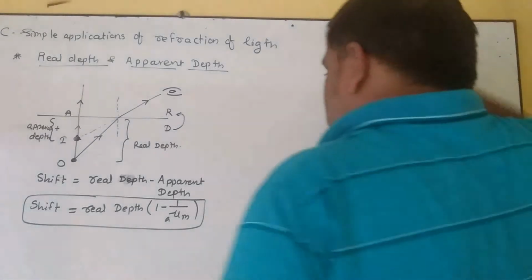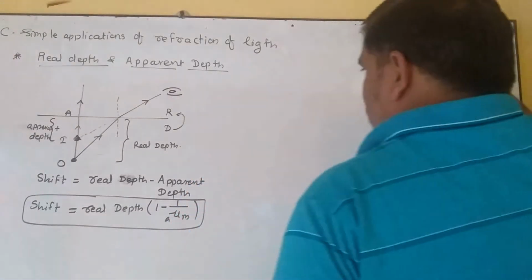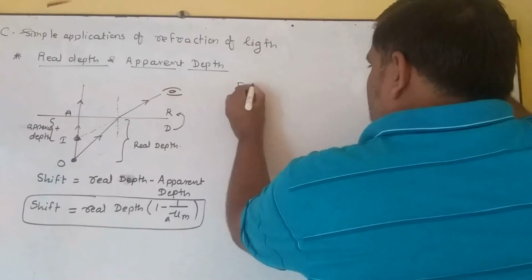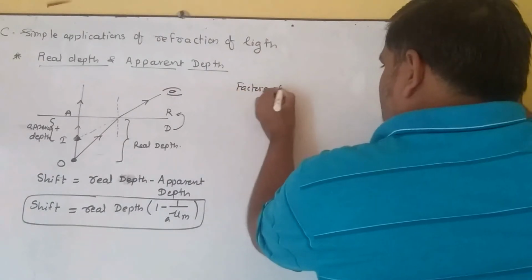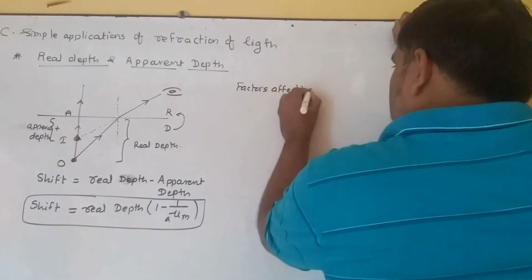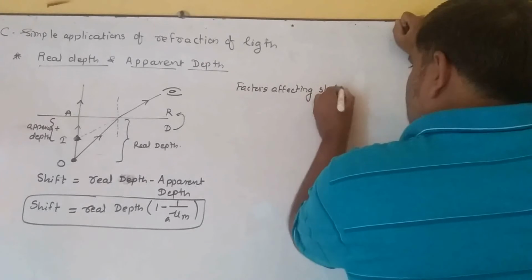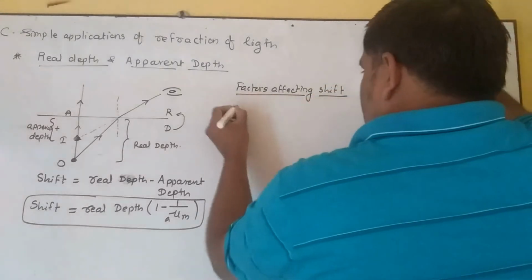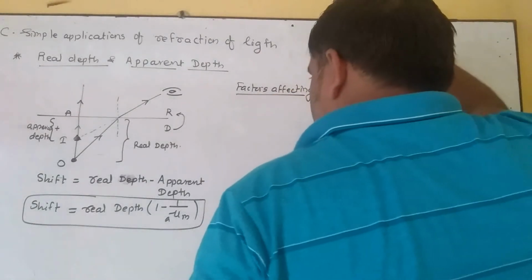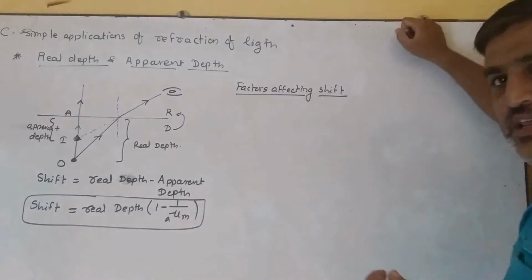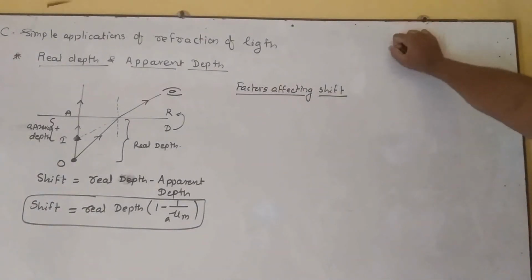Next is about the factors affecting the shift. Factors affecting shift. शिफ्ट को कौन से फैक्टर्स है जो अफेक्ट करते हैं, यानी शिफ्ट इंक्रीज होता है, डिक्रीज होता है या वही रहता है, ये किसके ऊपर डिपेंड करेगा.